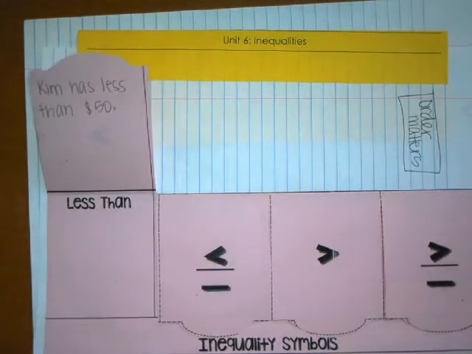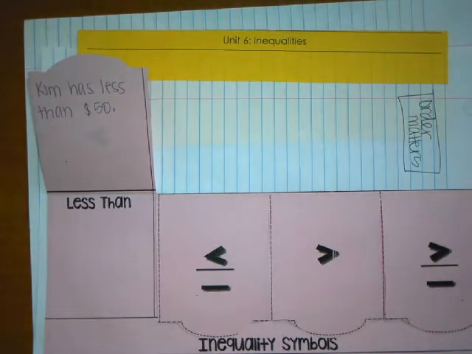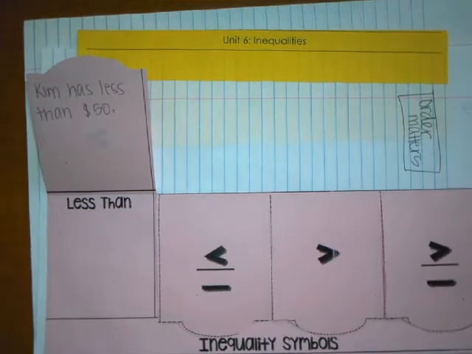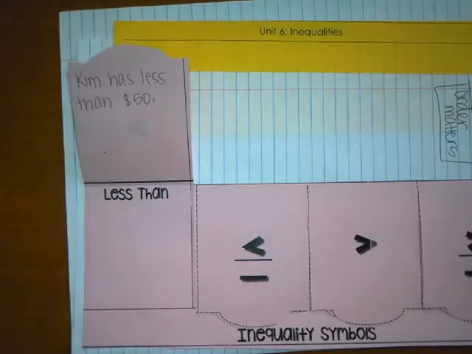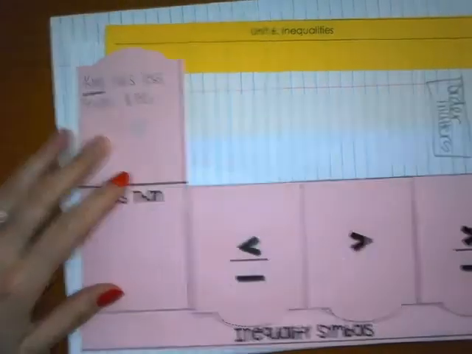So Kim has less than $50. I have to have a variable. What do you think my variable is in this problem? What is it? Kim. My variable's Kim.